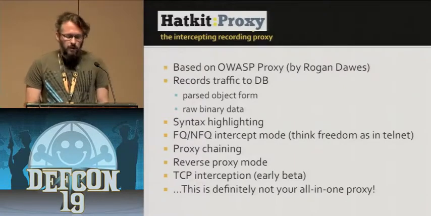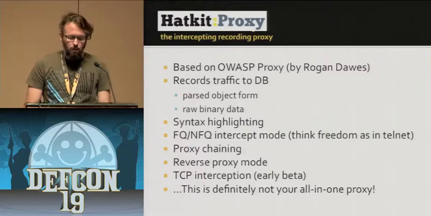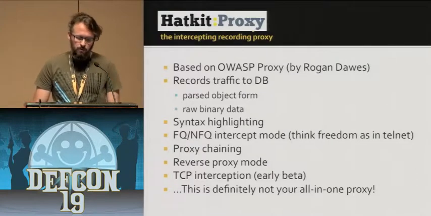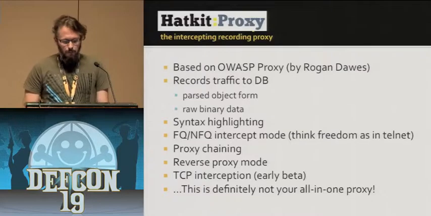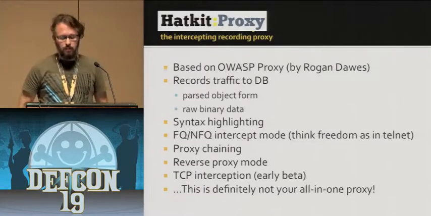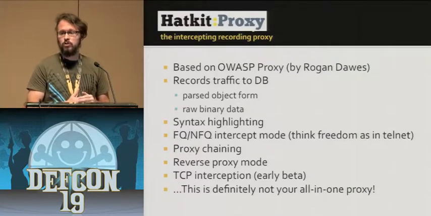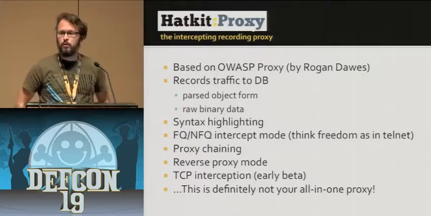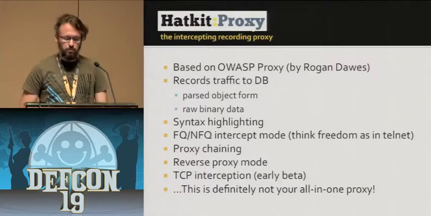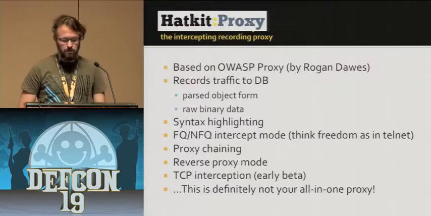So, the Hatkit proxy is based on the OWASP proxy, which is written by Rogan Dawes. It comes with all the usual stuff like intercepting, reverse proxy support, syntax highlighting, and a fully qualified and non-fully qualified mode, which allows you to modify stuff within the HTTP protocol that you usually can't modify through other proxies.